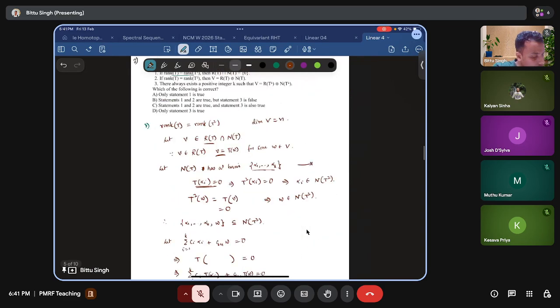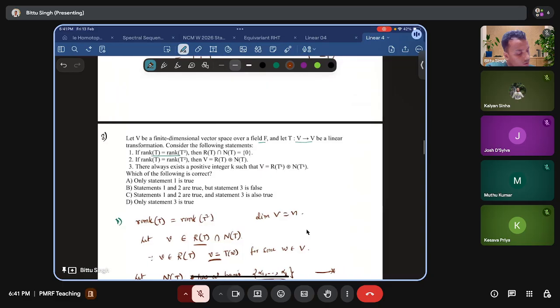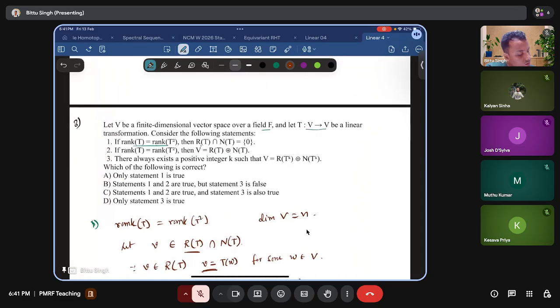Right? So we are getting a contradiction. Therefore, this range intersection null space must be empty, must be 0.